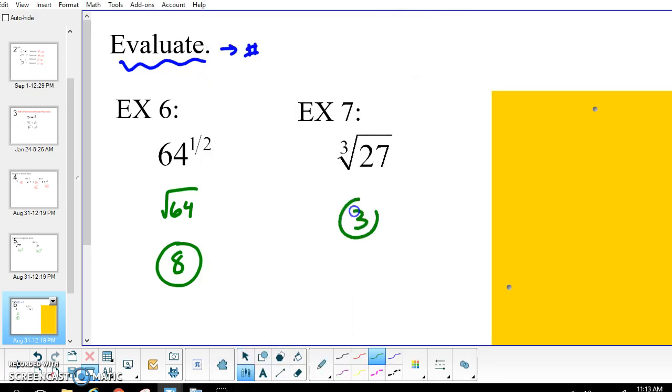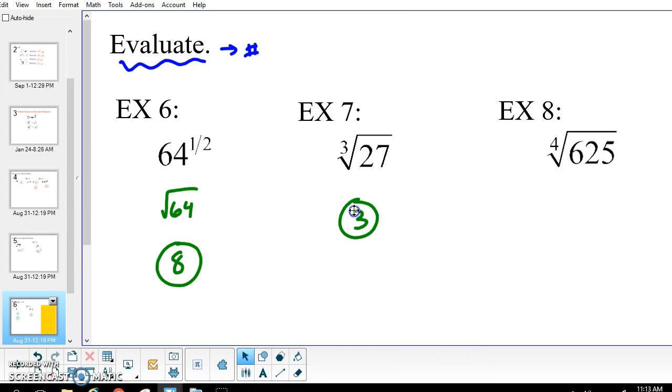Okay, 3. Okay, now check this one, 625, the fourth root. So if you type that in as 625 to the 1/4 power, you get 5.